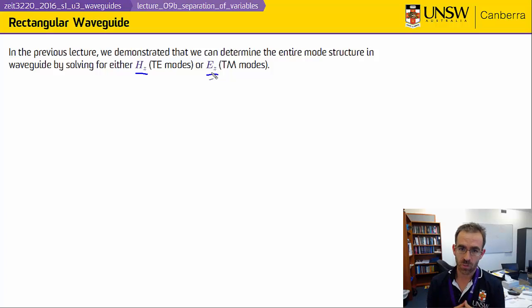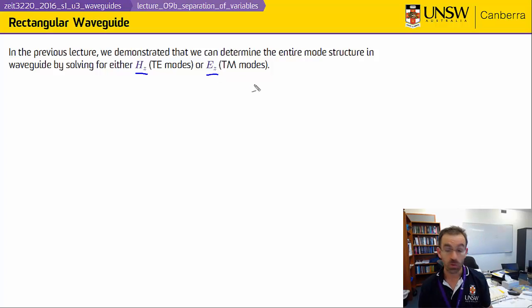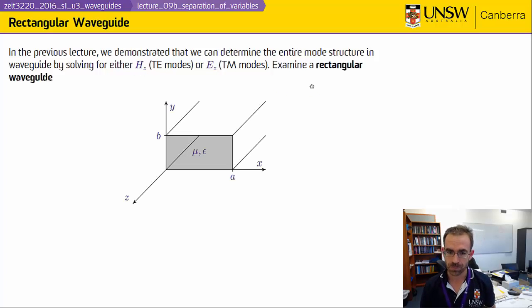As I indicated in the previous lecture, we're going to further split these problems into two categories. We have our TE modes, where E sub z is equal to 0, and our TM modes, where H sub z is equal to 0. So we only need to solve the equation for one field component, and then we can get the rest of the mode structure from that one field component.